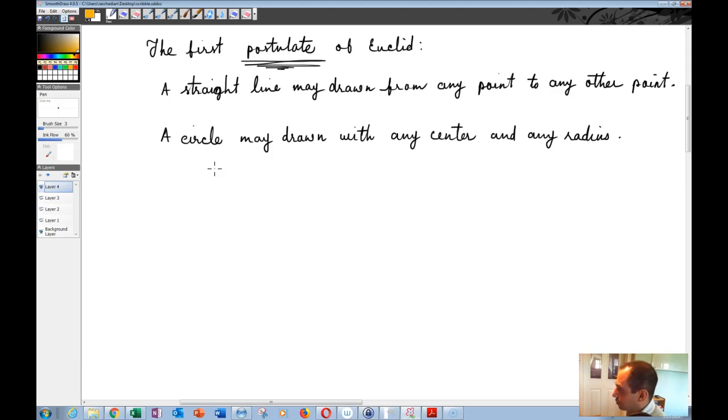And then of course you might ask, now that we are accepting, for example, this statement over here that says a circle may be drawn with any center and radius, so I'm just accepting this thing just like that, right? So why don't I accept everything else in the same way? Why do I have to prove everything?